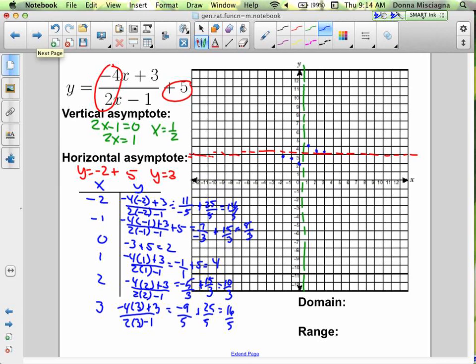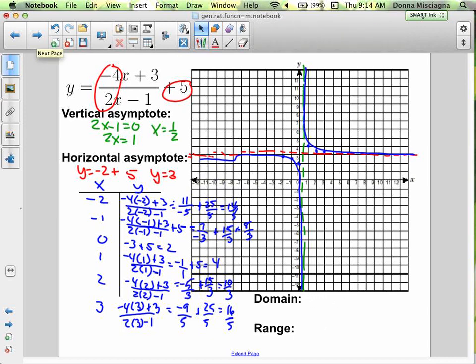All right, so won't cross the horizontal, can't cross the vertical. Same thing over here. There we go. There's our graph. How about the domain? Anyone at orange? Domain orange?